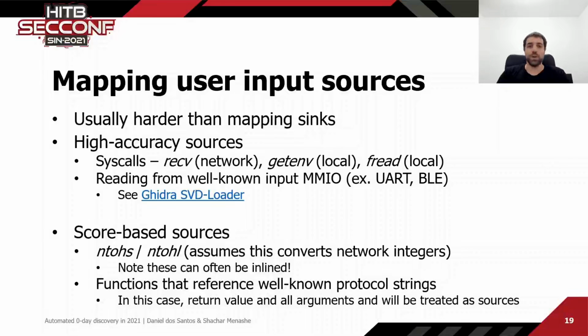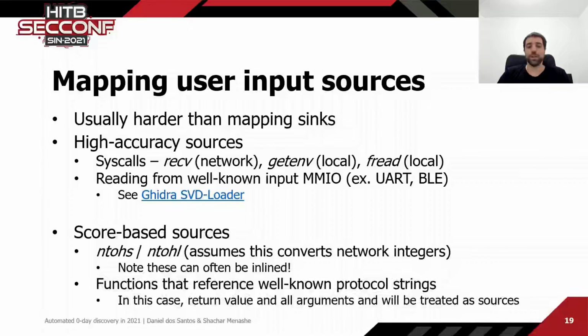There's a very cool Ghidra plugin called SVD Loader, which I highly recommend, which you can give the board name and it maps out, using public data, the addresses to the actual peripherals. So that's really useful.